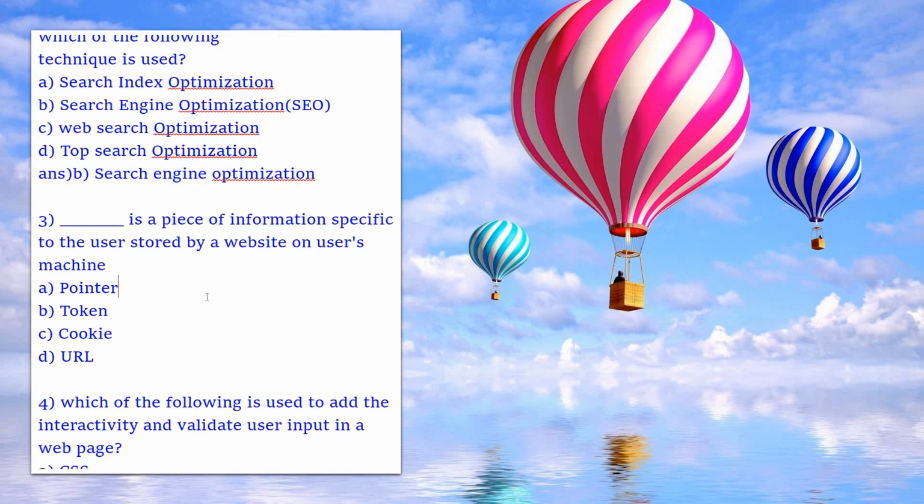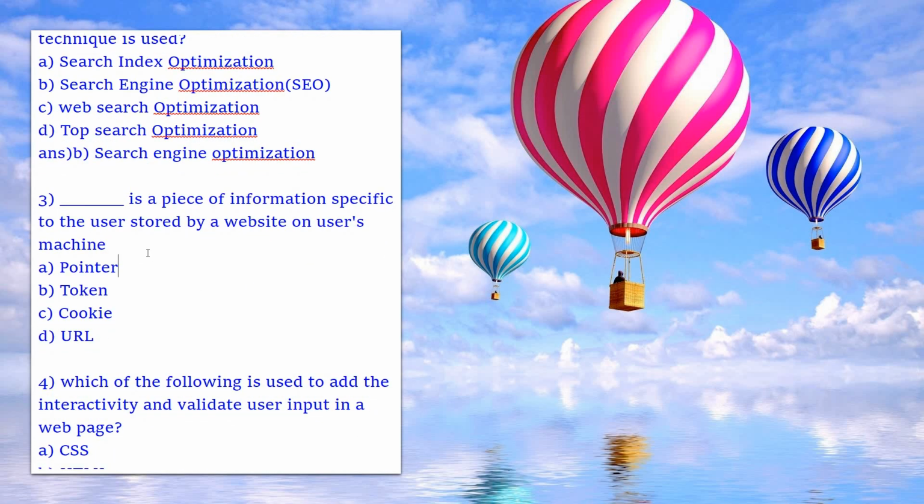The third question is: dash is a piece of information which is specific to the user and which is stored by a website on the user's machine.